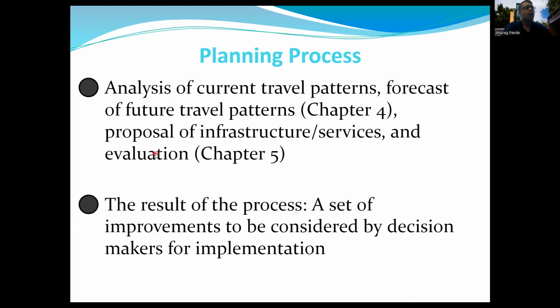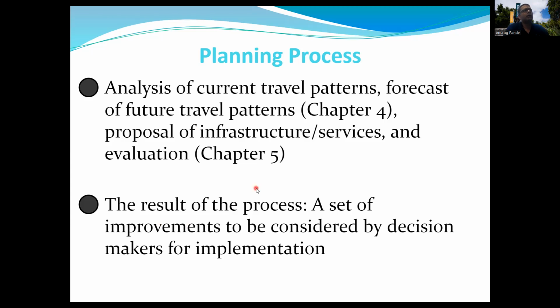Once you have an idea about what your demand looks like, you translate that demand into infrastructure options that will satisfy it. Then we evaluate those options, and that's what we learn to do in chapter 5. The result of the process is a set of improvements to be considered by decision makers for implementation in the near or midterm future. So that's your planning process.